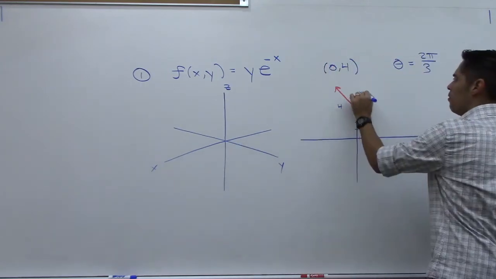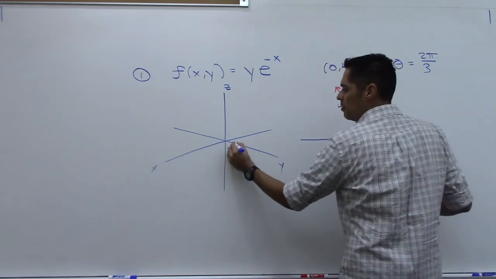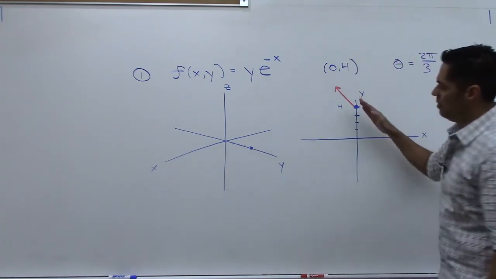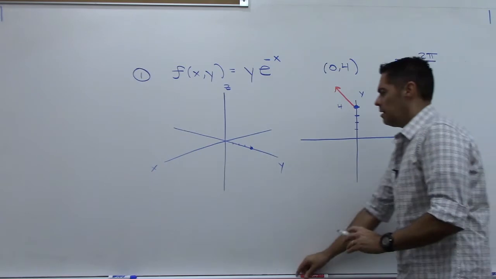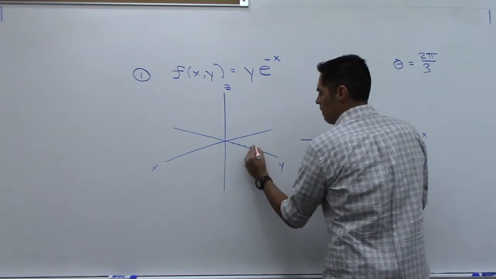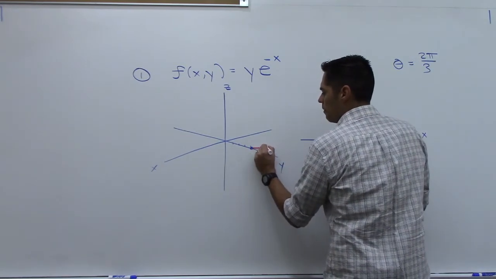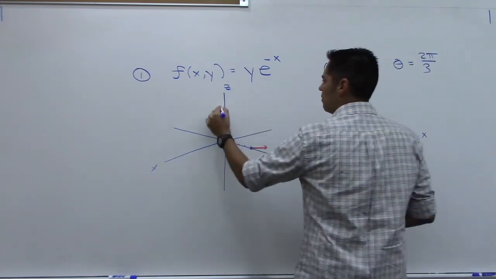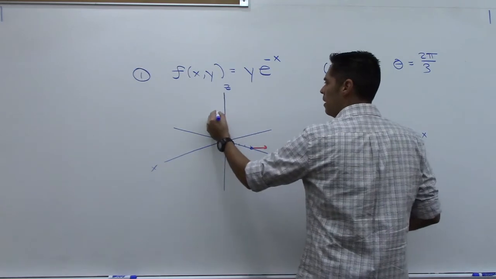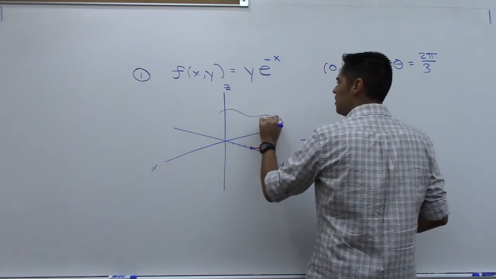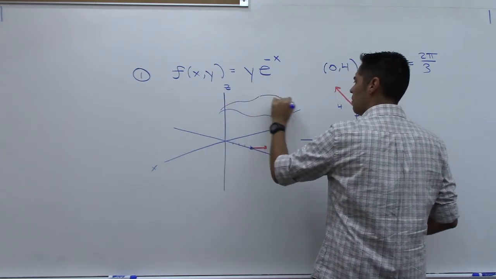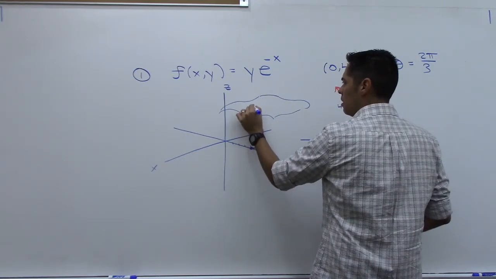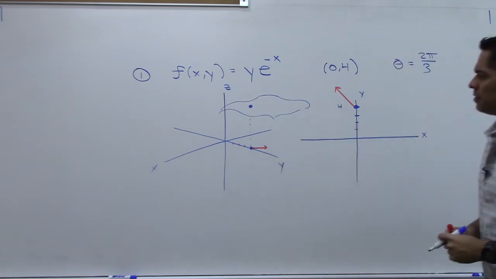I've come out here on the y-axis 4 units, 1, 2, 3, 4, and I'm pointing in this direction here, so that corresponds to something like that. And then above this, or below, it depends on the function, we have this surface sitting above this, right? And if you plug that point up into the surface, you get some point on the surface.